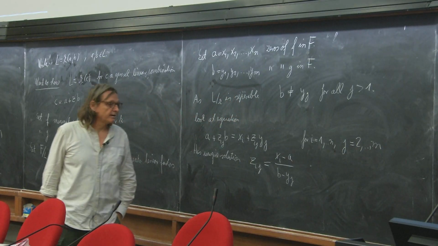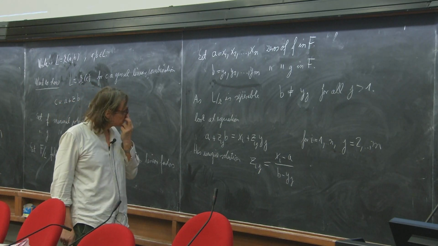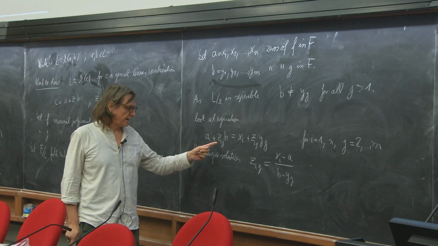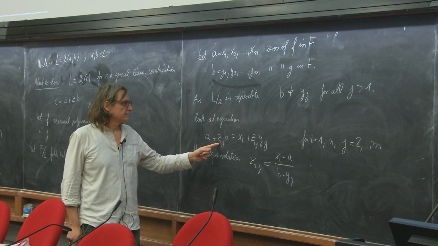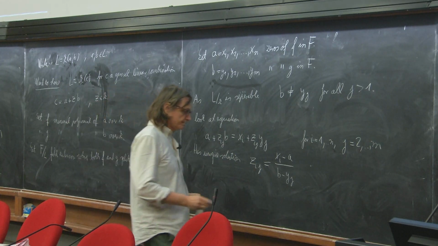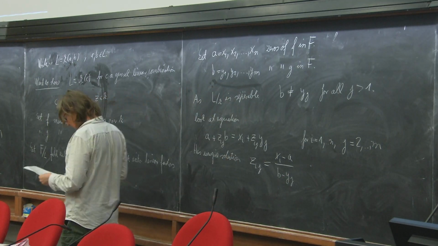So altogether there are less than n times m elements. And as our field is infinite, we can certainly choose an element z in K which is different from all of them.